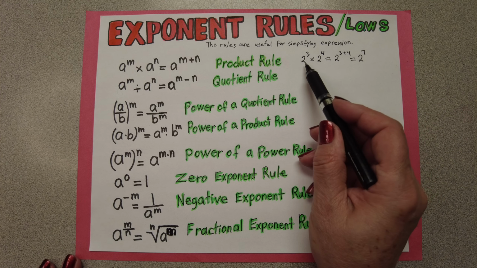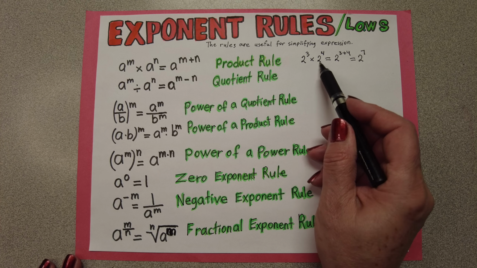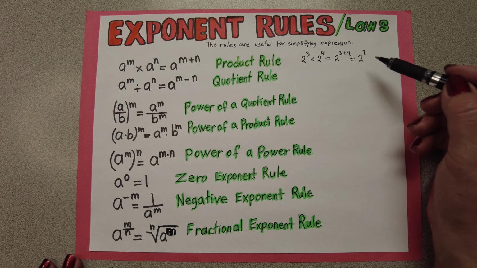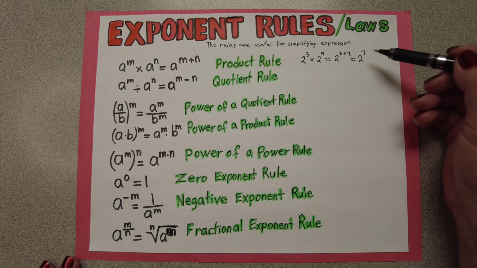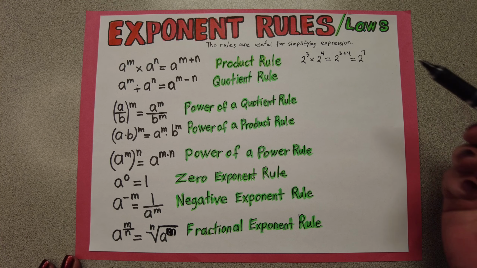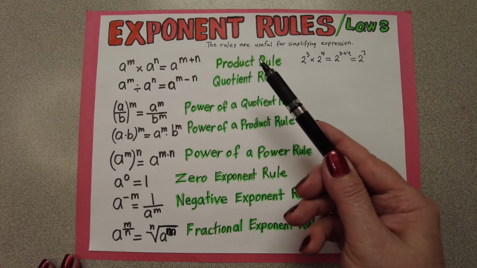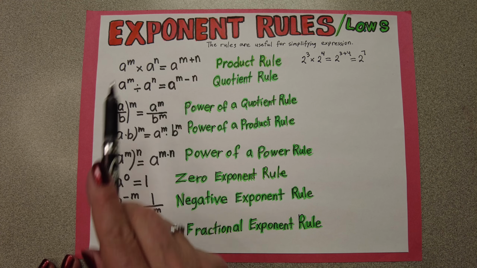We combined it and got 2 to the power of 7, which is very easy to count. This rule was the product rule because they were multiplied.